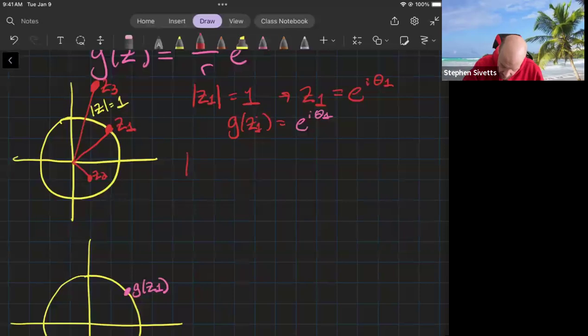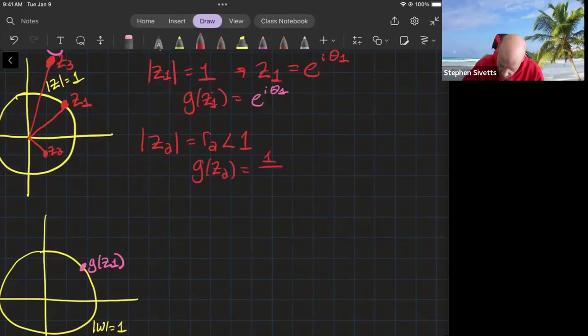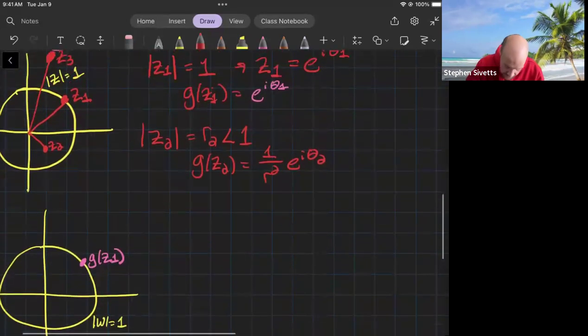It's pretty straightforward. Now, if you look at the point z2, the modulus of z2 would be some point r2 that is less than 1. It's inside the unit circle, so the theta is kept the same. Under g of z2, it will be 1 over r2 times e to the i theta 2.